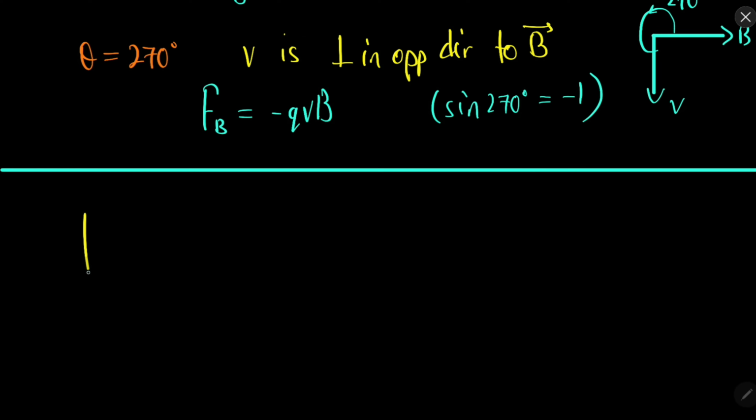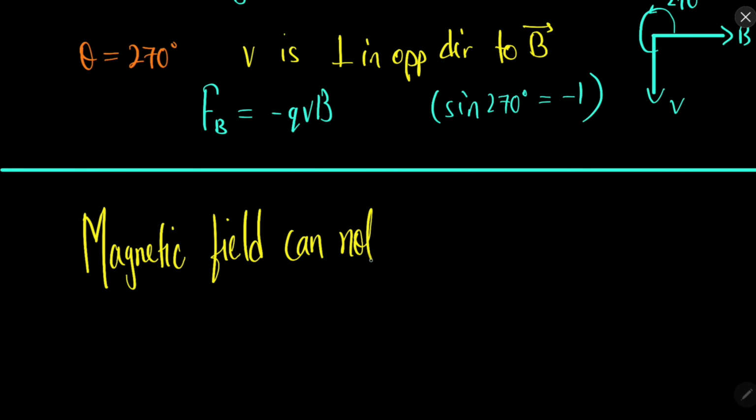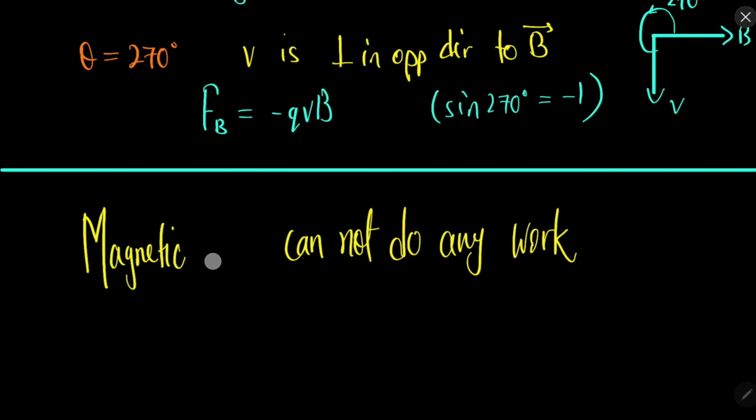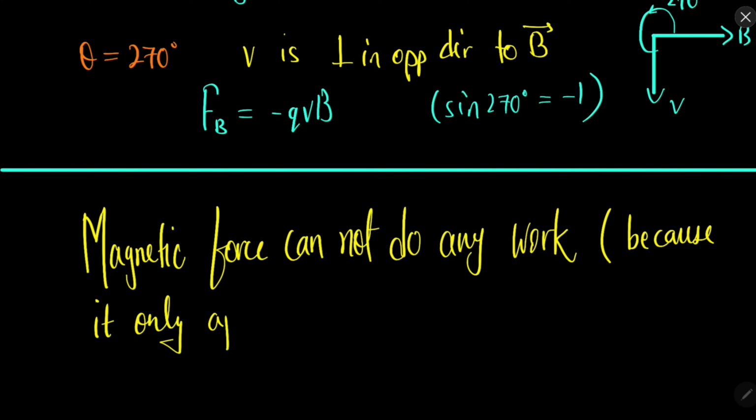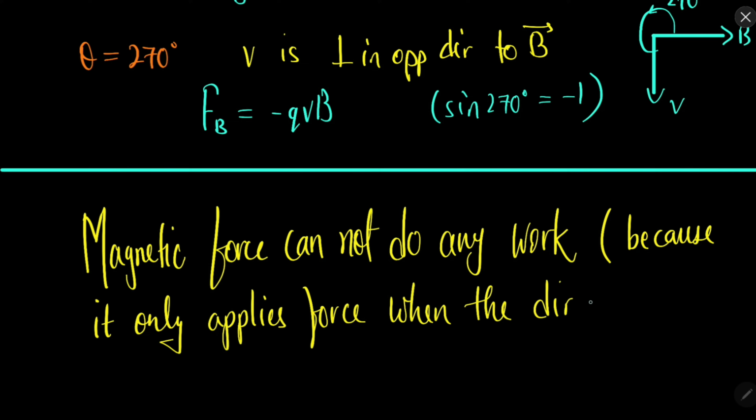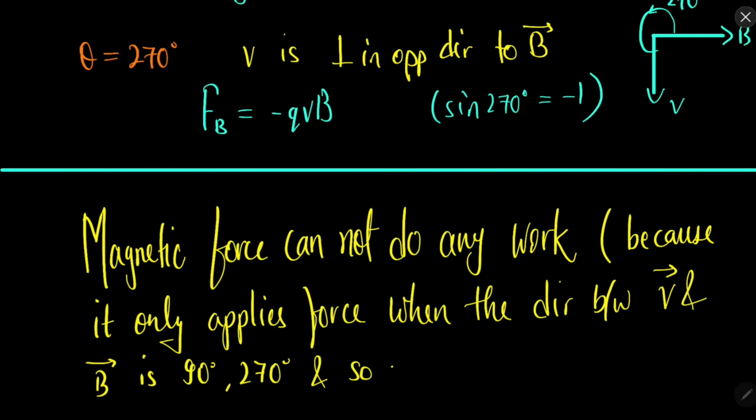Magnetic force cannot do any work because it only applies force when the direction between velocity and magnetic field intensity is 90 degree, 270 degree and so on.